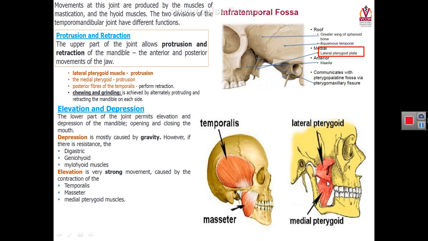These muscles are called pterygoid muscles because they are attached to the lateral and medial pterygoid plates. One is called the lateral pterygoid muscle and the other the medial pterygoid muscle. Both originate by two heads. The lateral pterygoid muscle is inserted into the neck of the mandible, while the medial pterygoid muscle is attached to the medial aspect of the angle of the mandible.